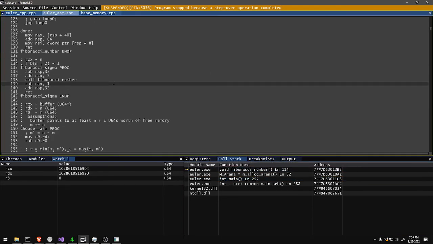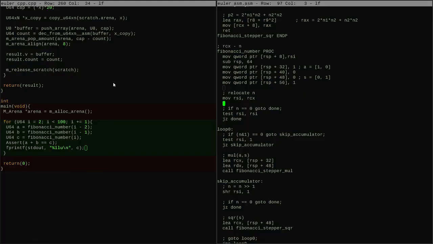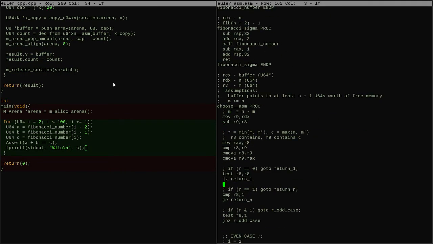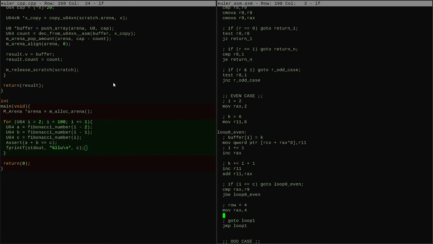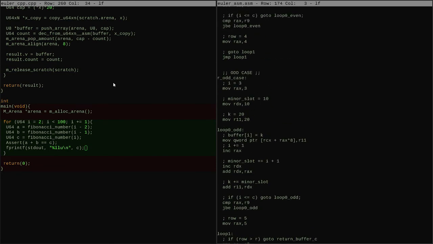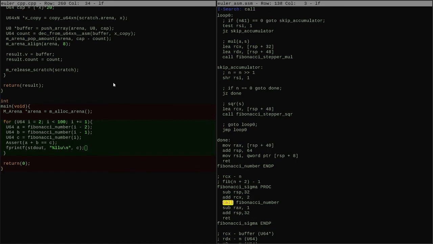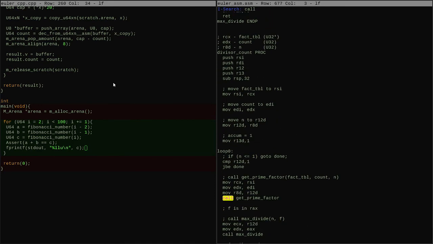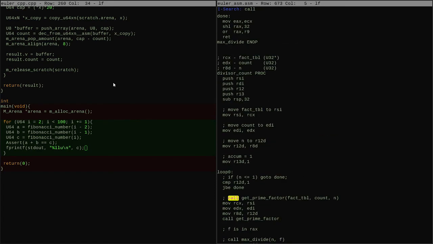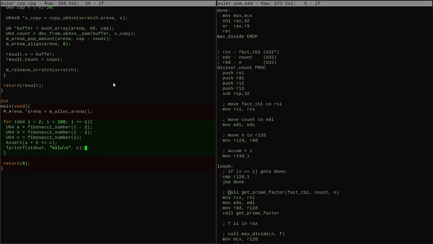Let me see if I can come up with another example that could show. We've seen this before, but I'm trying to come up with an example to show right now that clearly, without having to think too hard, determines whether or not, well, I need something that acts for me as an indicator of whether we're getting it correct or not. Let's do divisor count. So we need another fact table.